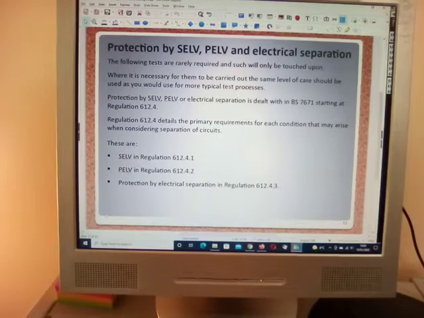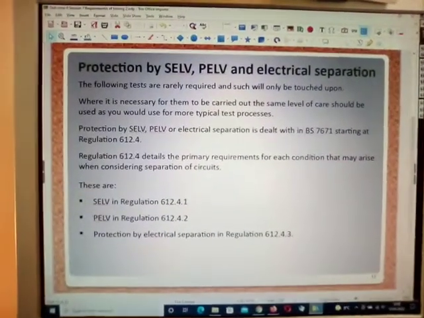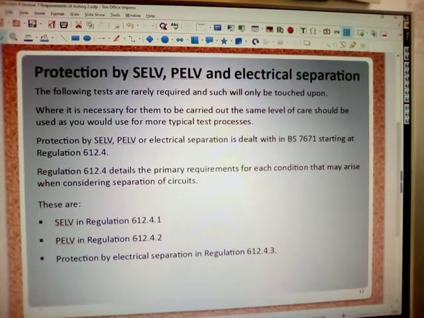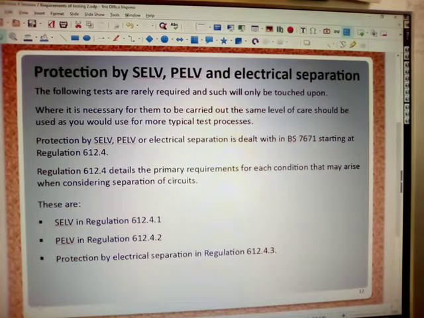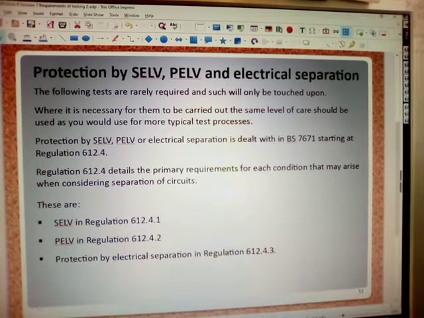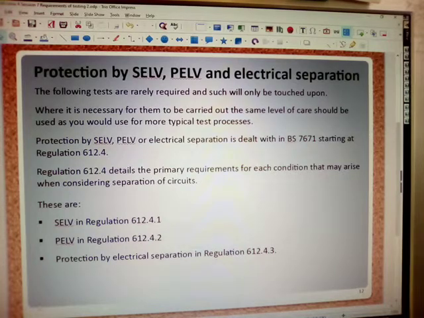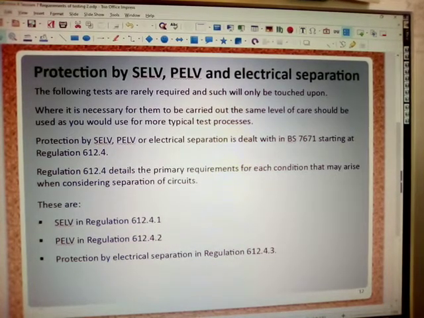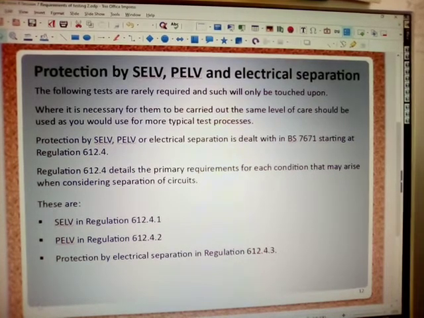Now here we have protection by SELV and PELV and electrical separation. PELV, protective extra low voltage, I'm going to leave that for you to look up.